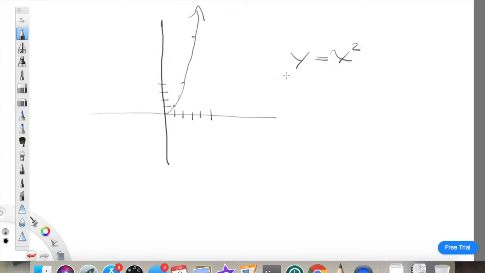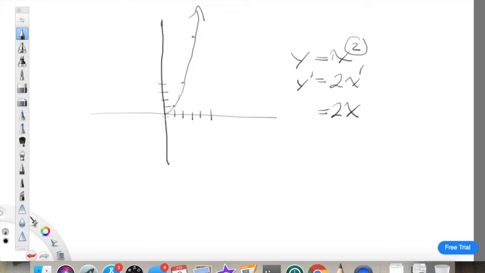What happens is the slope of the line gets bigger and bigger as x gets bigger and bigger. So now we're going to use the power rule again to get the slope. We multiply the 2 times the coefficient, which is 1, so that's just 2. Then we subtract 1 from the exponent, so it's 2x to the 1, or just 2x.